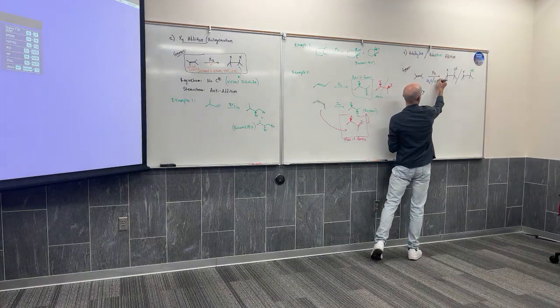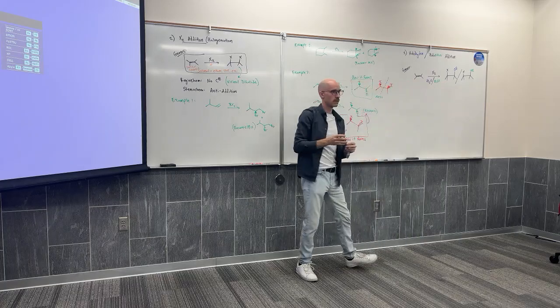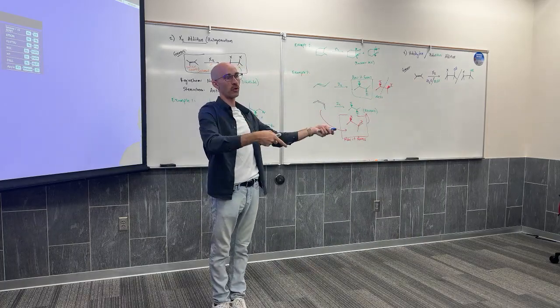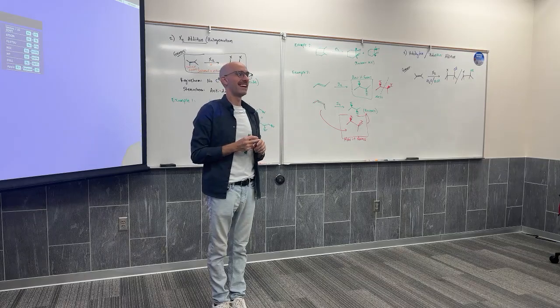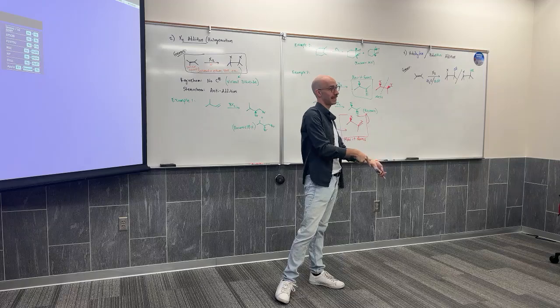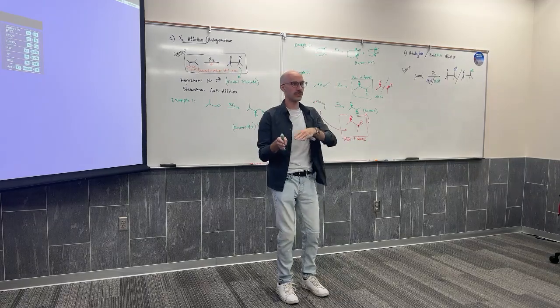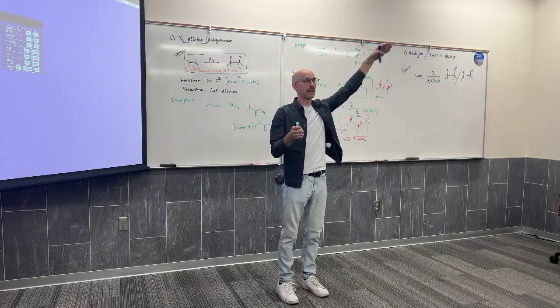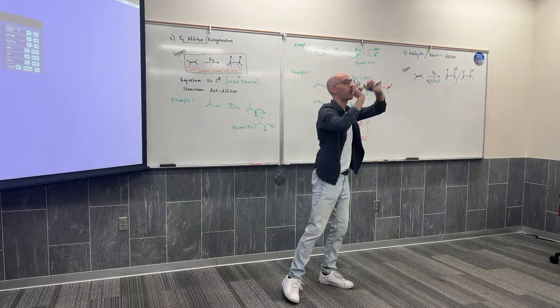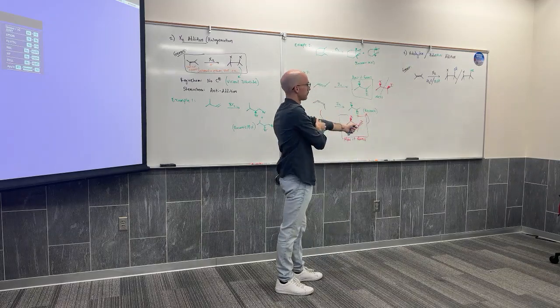Water is a reagent that is a precursor to forming an alcohol, and alcohol is a reagent that is a precursor to forming an ether. All you're doing is just removing a hydrogen, increasing a bond to carbon. Water to alcohol, alcohol to ether.